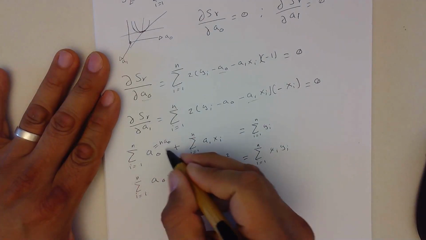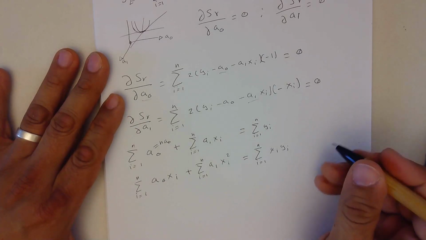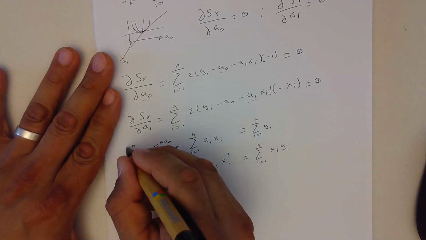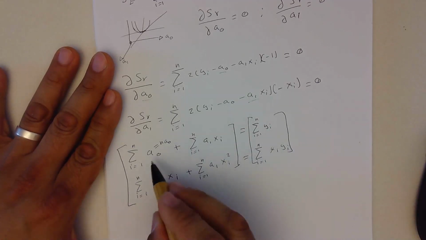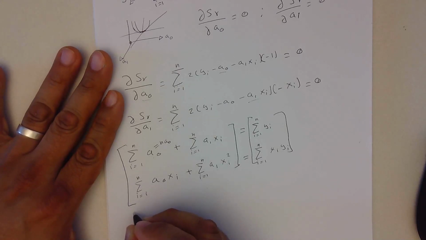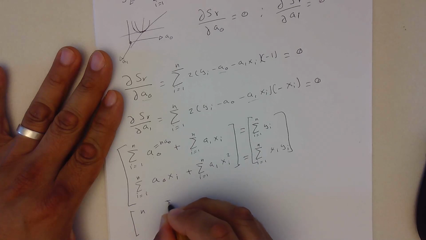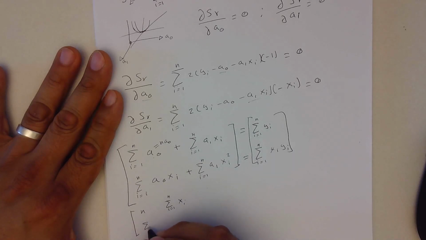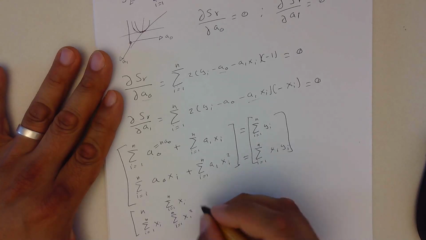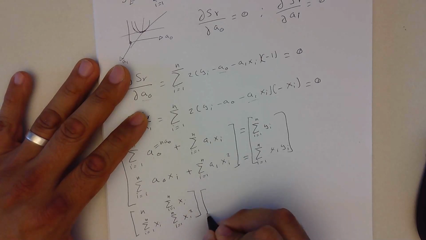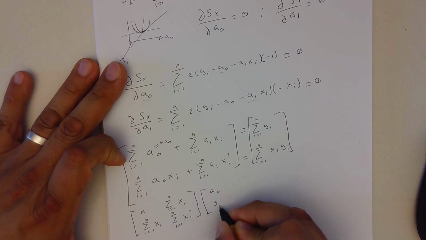We can put this in matrix format. We can even move a0 and a1 outside, so we have n, the summation of xi, the summation of xi, and the summation of xi squared, multiplied by the vector a0, a1.